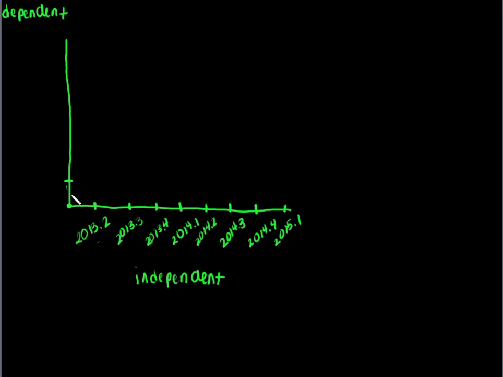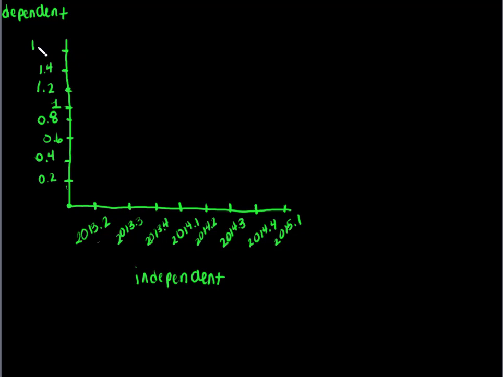So here I'm going to have 0.2, 0.4, and so on. I'm just going to go up by 0.2, and I'm going to hope that I don't run out of space. Okay, looks like I'm okay. That's how I've labeled it.